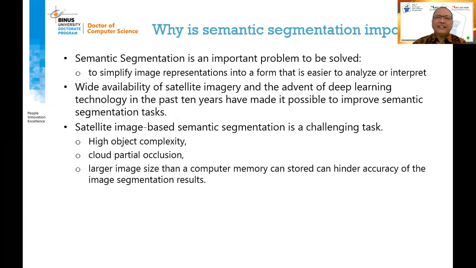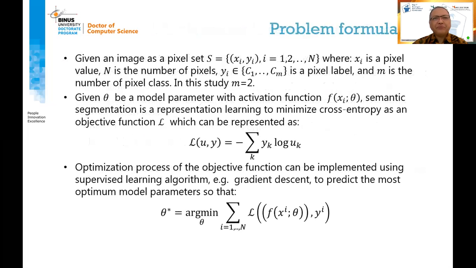What I mean is that the size of a satellite image is certainly bigger than the computer memory can handle. So that's why in research involving satellite image analysis, we need to adopt a partition technique for the input image.